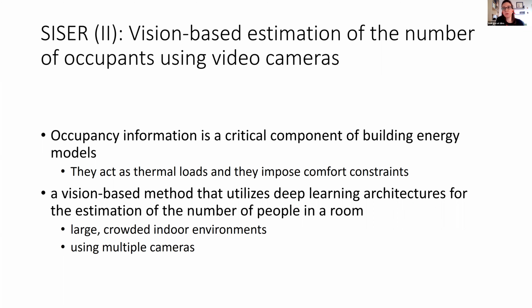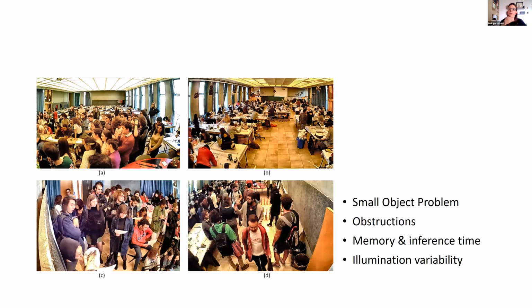The occupancy information is important for building energy use, because people act as internal thermal loads, and also they impose comfort constraints to decision making. So here we develop a vision-based method that utilizes deep learning architectures for the estimation of the number of people in a room. And we particularly look at large crowded indoor environments using multiple cameras.